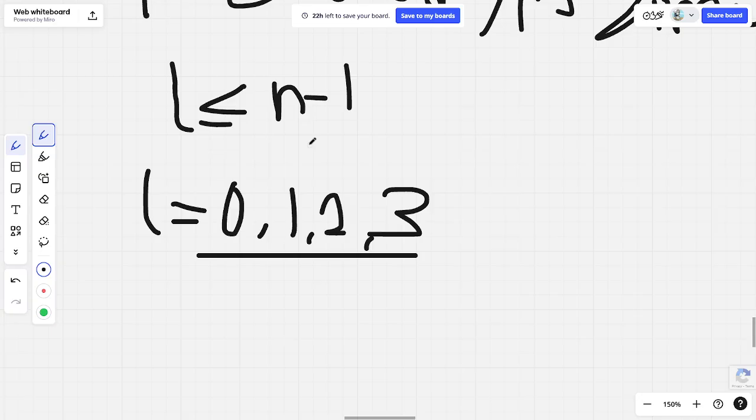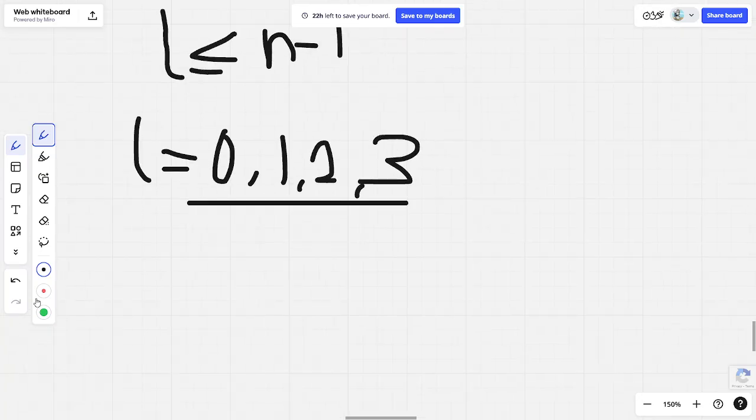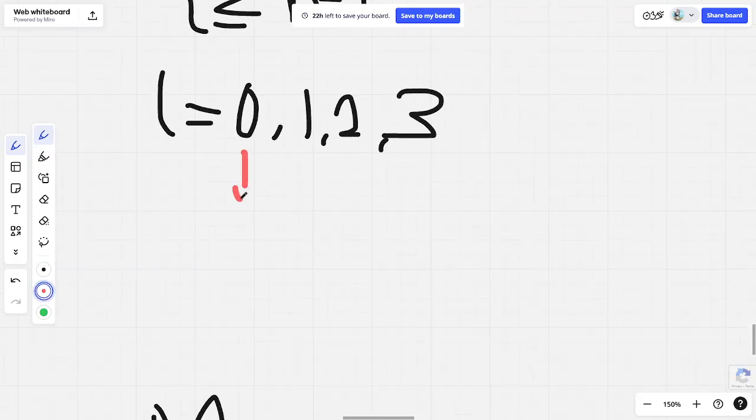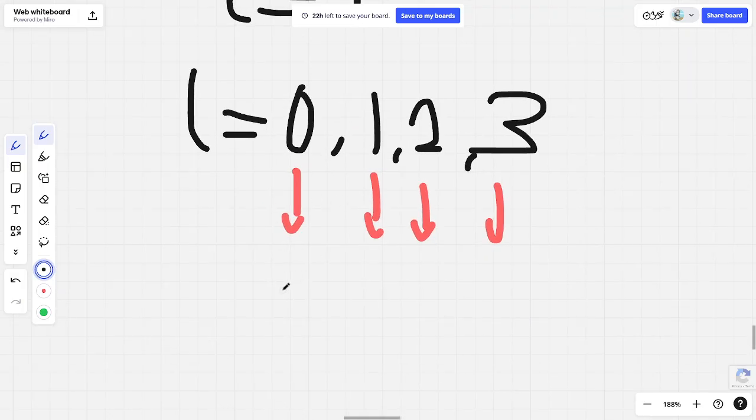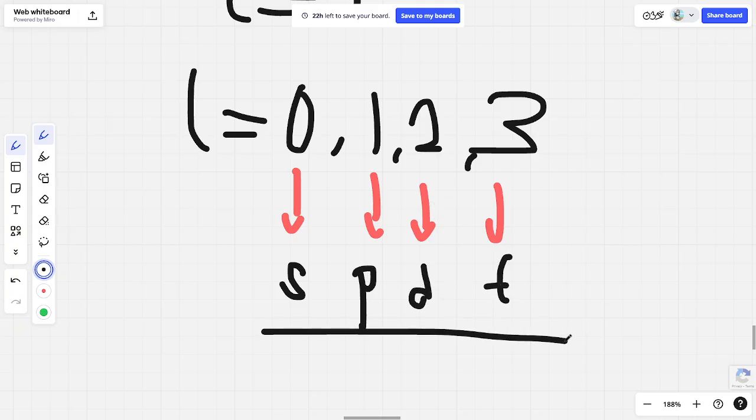These numbers correspond to a subshell or the orbital. So 0 is the s orbital, 1 is p, 2 is d, and 3 is f.